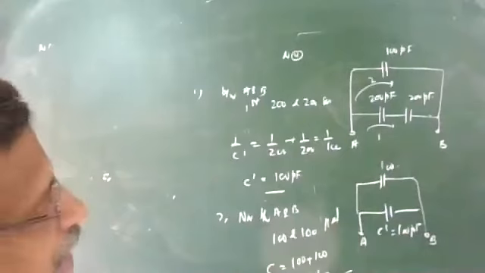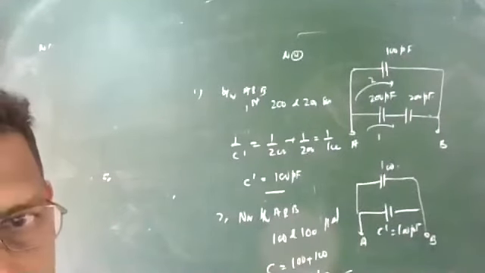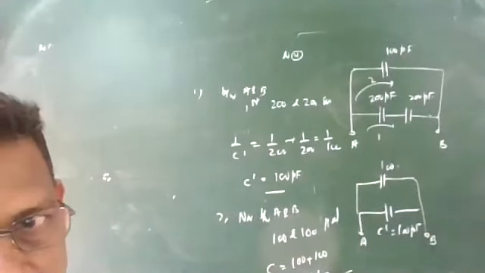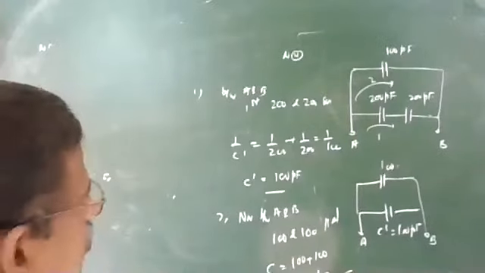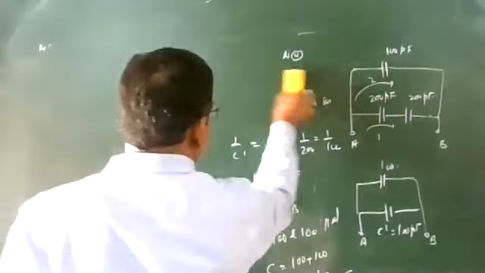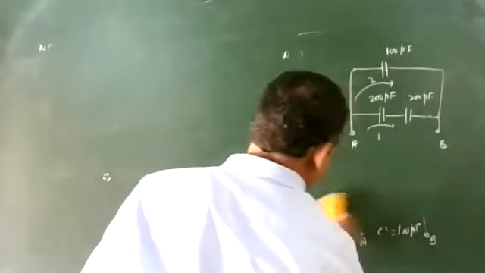Okay. I am making a slight change in this diagram, and after making the slight change, it will be a numerical from the NCERT book. Numerical number 5 is of parallel.